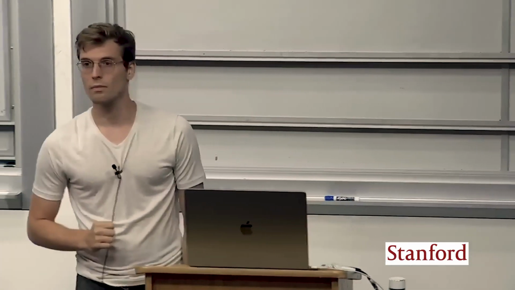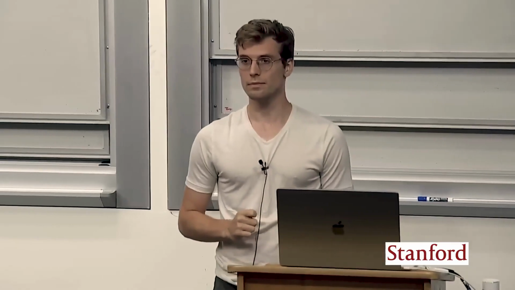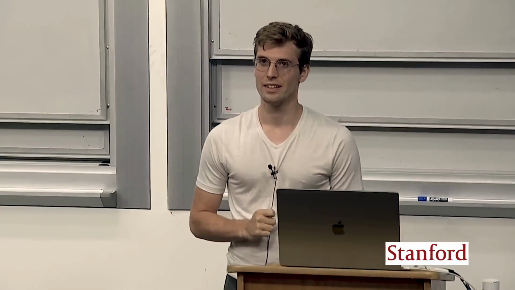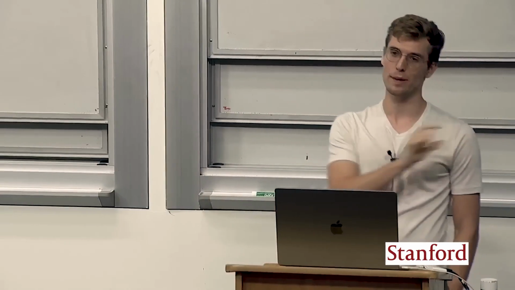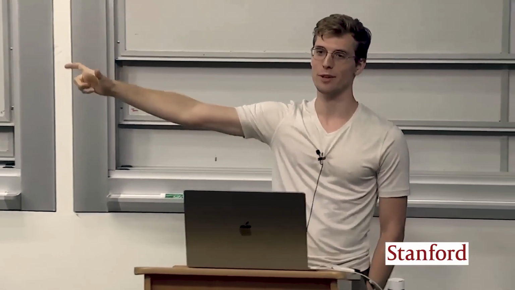Yes? Earlier you mentioned that metrics like perplexity are not usually used because it depends on how you do your tokenization, some design choices. I was wondering if you could speak more to that. Yeah. So think about perplexity. I told you perplexity is between 1 and vocabulary size.